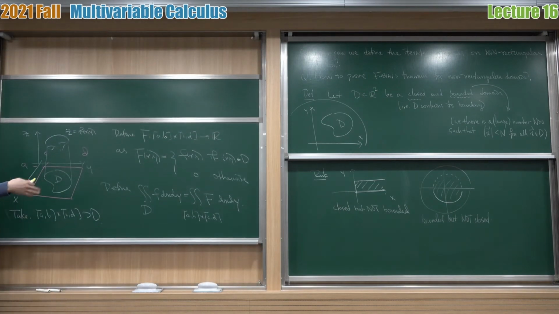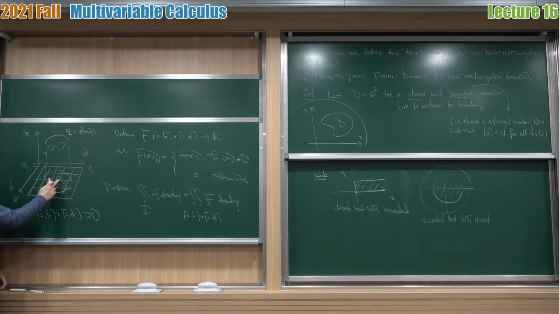The way we define the double integral is to simply give subdivisions, right? For each subdivision, you take any point inside of it, take the value of the function as the height of the rectangular cube, and you compute the volume of the rectangular cube, right?